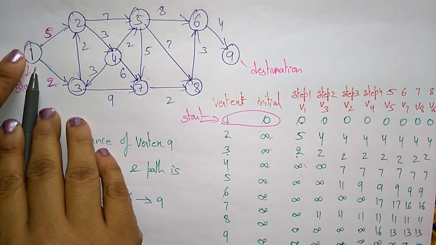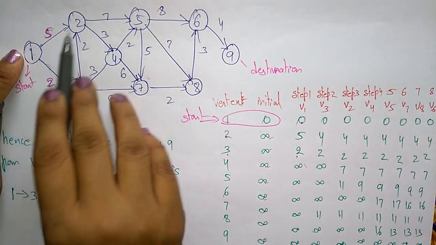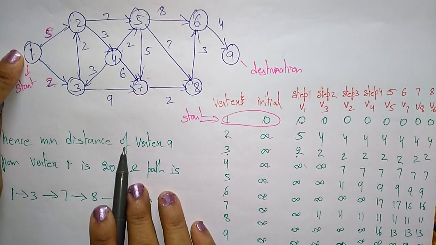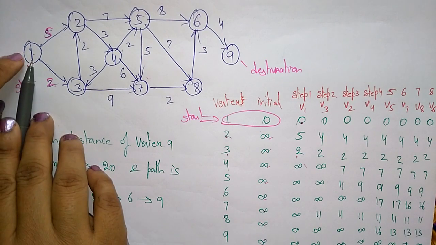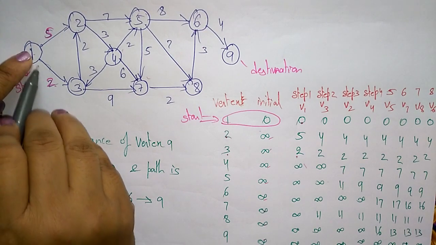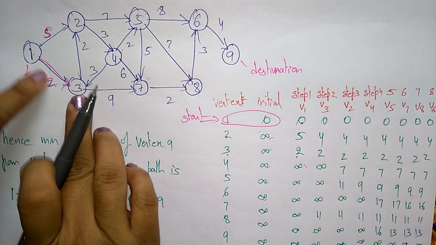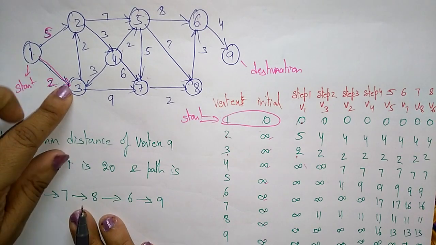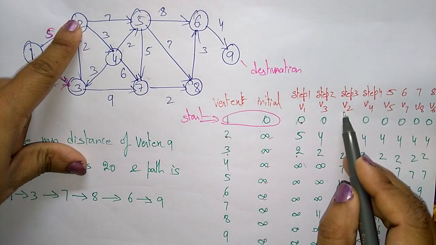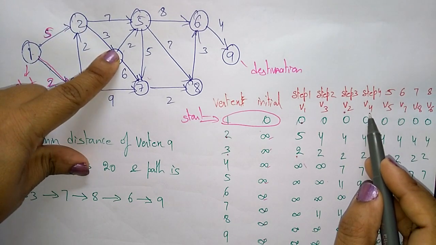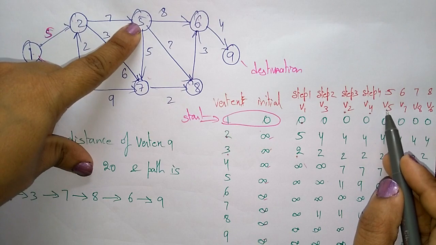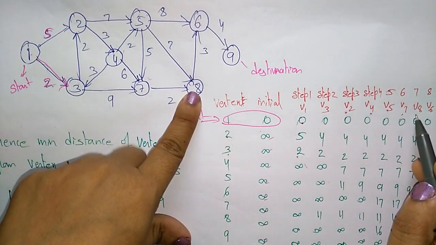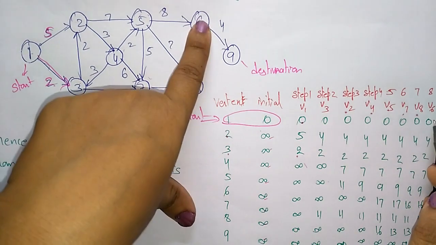This is vertex 1, and totally there are 9 vertices. First it goes to 1, from there to v3, then to v2, then to v4, v4 to v5, v5 to v7, v7 to v8, v8 to v6.